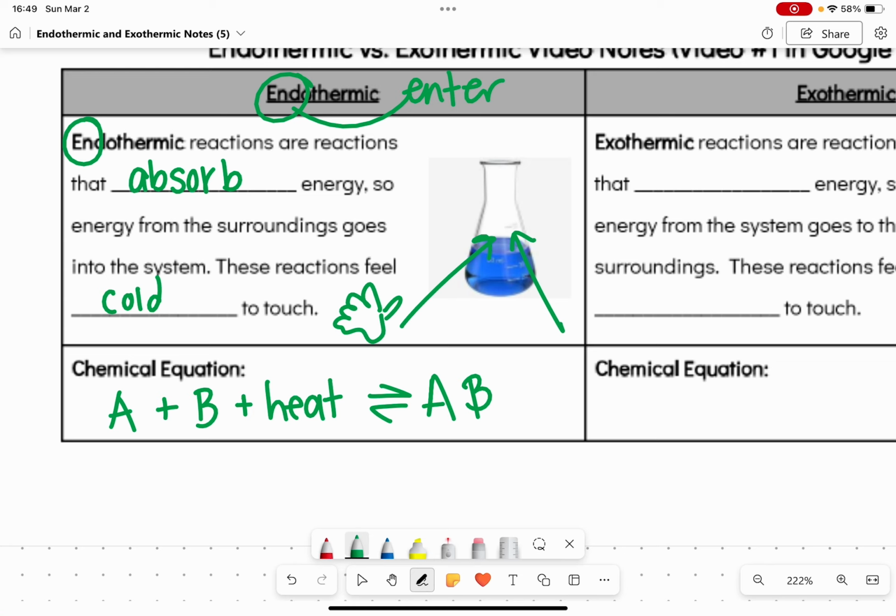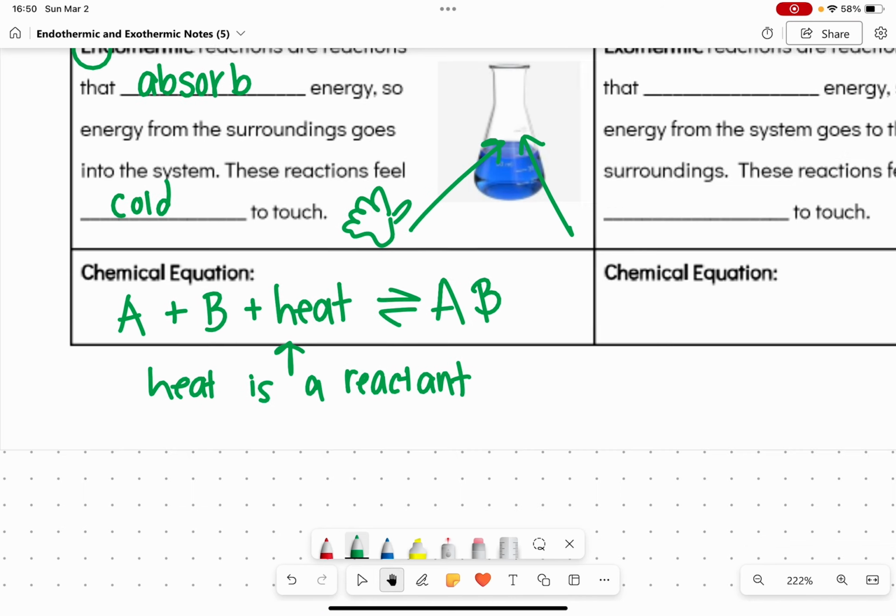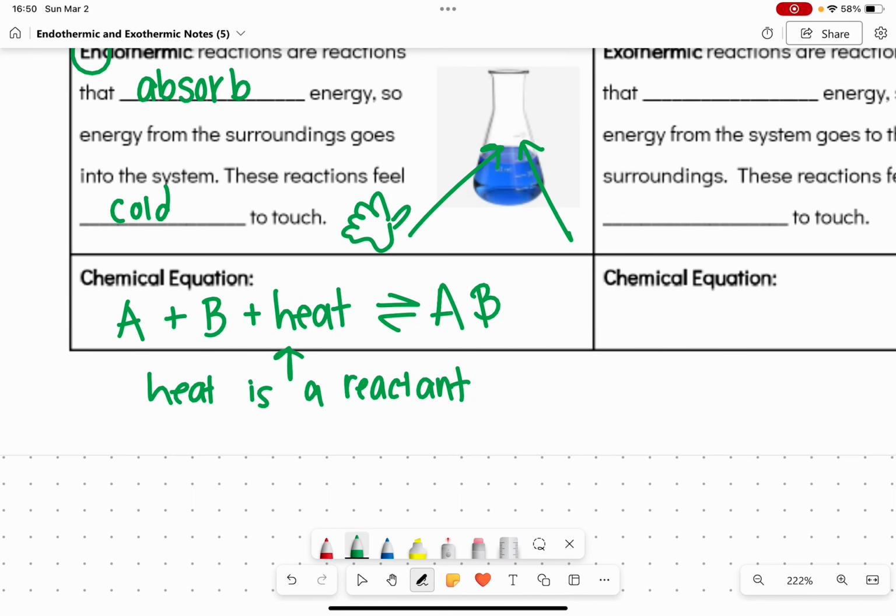Because energy is entering, your heat has to be going into the reaction, which means it's a reactant. So it's going to be on the left side of the equation.